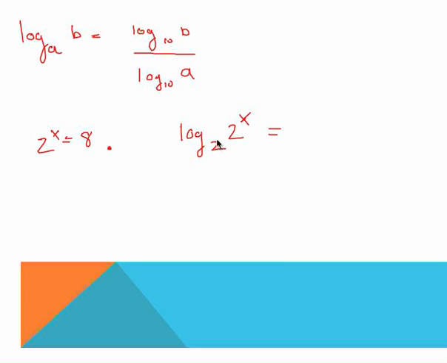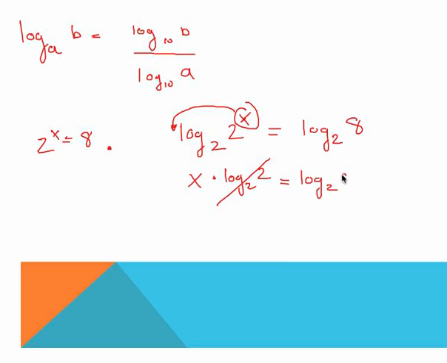But because I did log base 2 on one side of the equation, I have to do it on the other side. Okay? So now, because of the rules we discussed on the previous slide, this x is about to come down here. x times log base 2 of 2, I know this cancels out to be 1, is equal to log base 2 of 8.